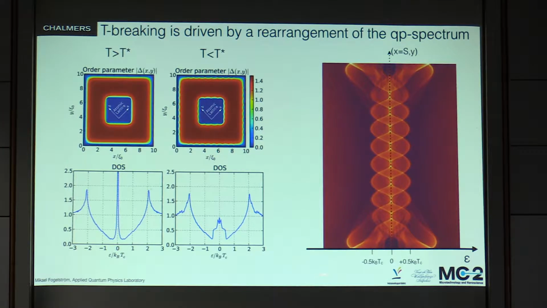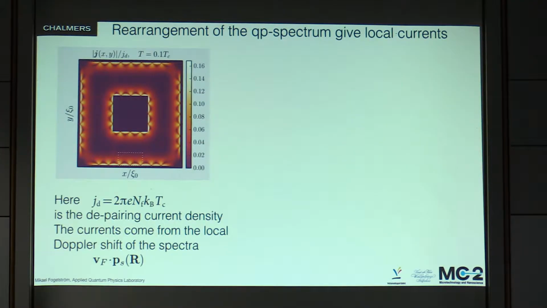So instead of having all the states on the Fermi surface, now they are inhomogeneously moved away from zero energy. And moving these states, of course, gives rise to the currents, and you have large currents, zero current, and then they flow back. So you get some kind of fractional vortices happening at these interfaces.